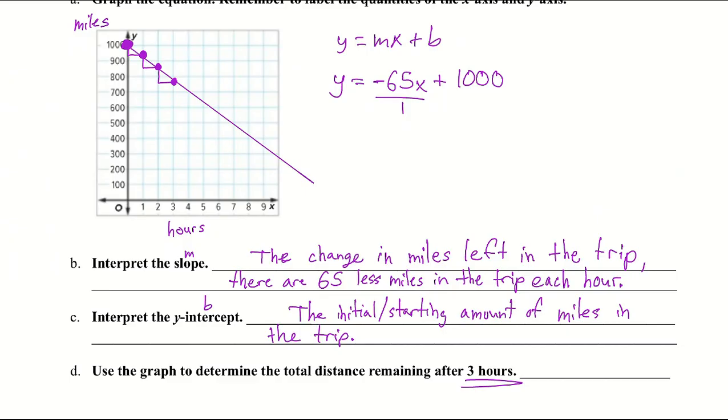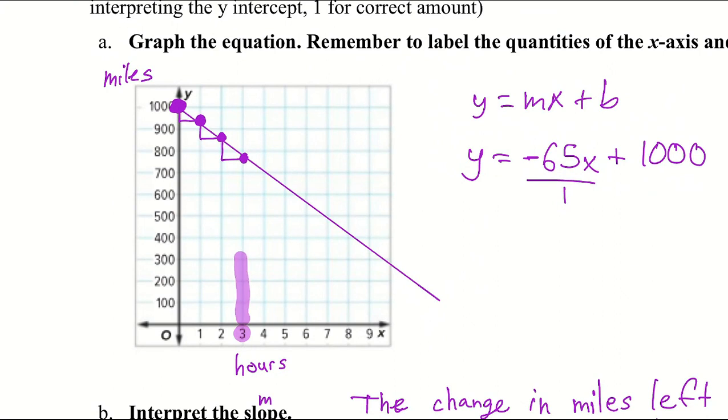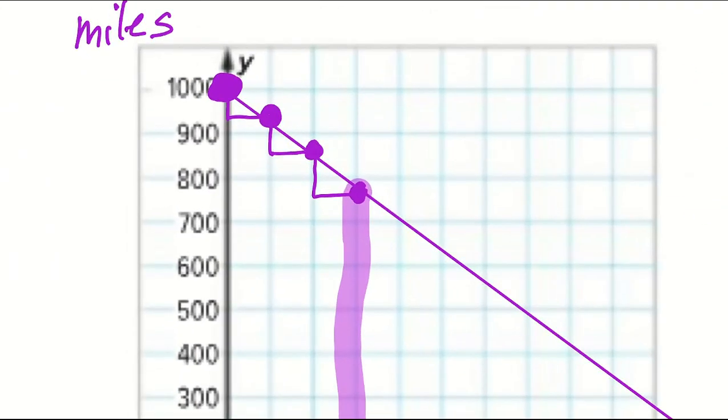The last step says use the graph to determine the total distance remaining after 3 hours. If I use my graph, I'm looking at 3 hours, and I'm just going to follow that up. So I would say that looks to be maybe, I don't know, it's more than 750, 765 miles?